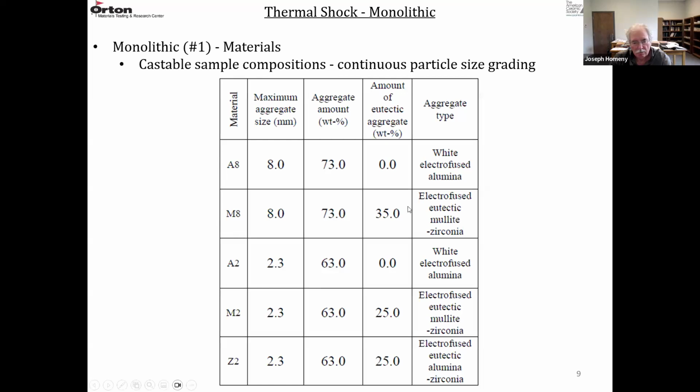So this one, M8, had 35% of the aggregate was eutectic mullite zirconia, and M2 and Z2 had 25% eutectic mullite zirconia.